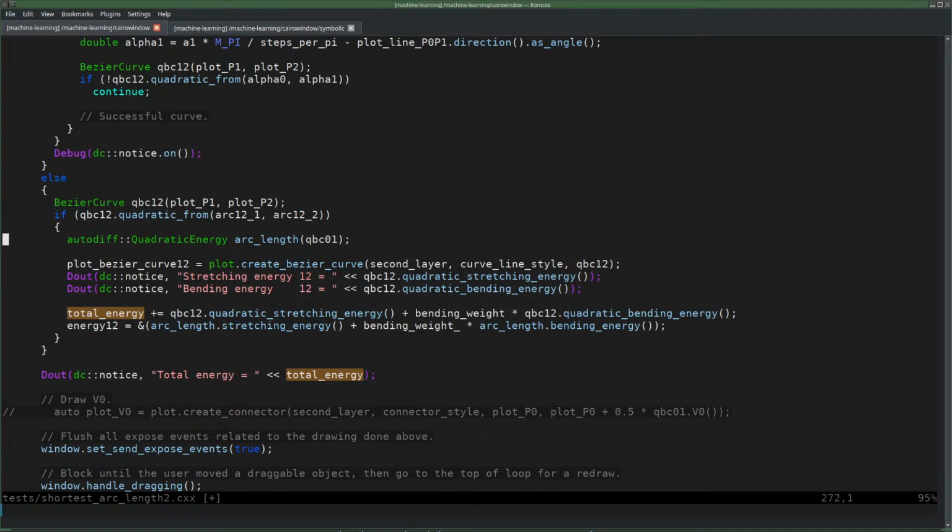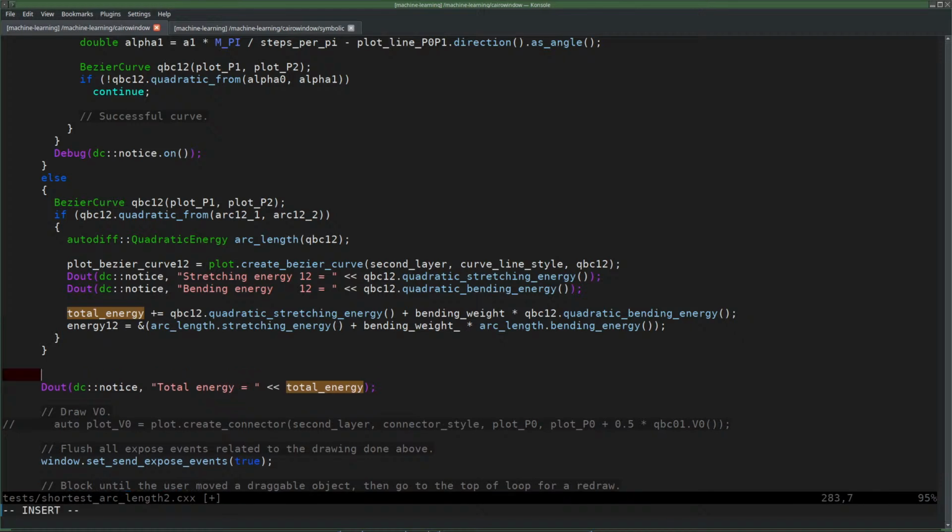It should be called energy or quadratic energy or whatever. And this one is created from the 1, 2. And then I can assign energy 1, 2, pointer 2, the same thing. And then here I can create the total energy function.